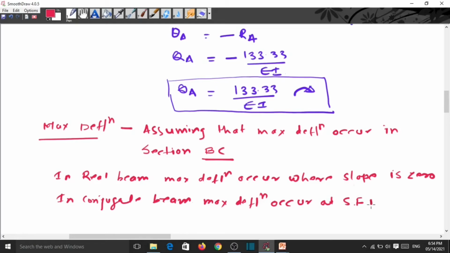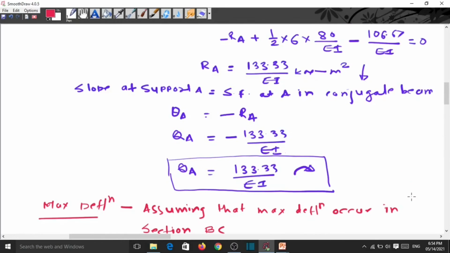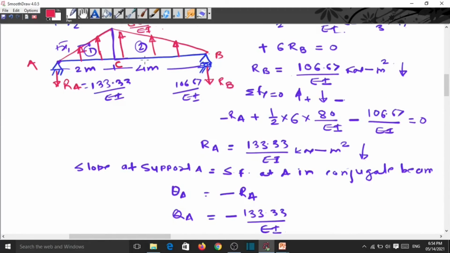So we are assuming in this BC the shear force is 0.